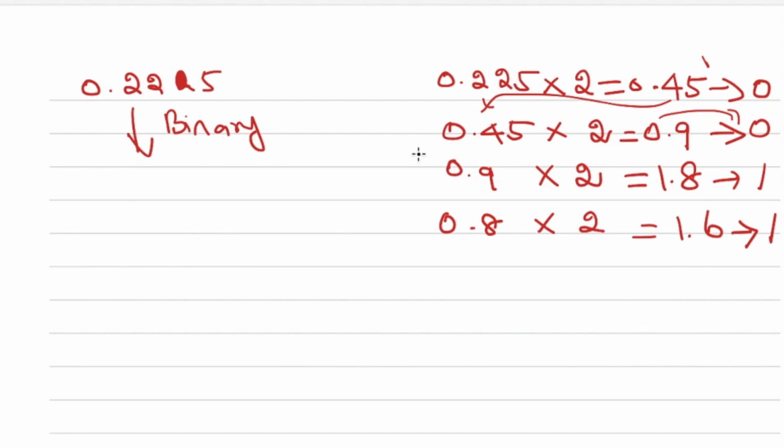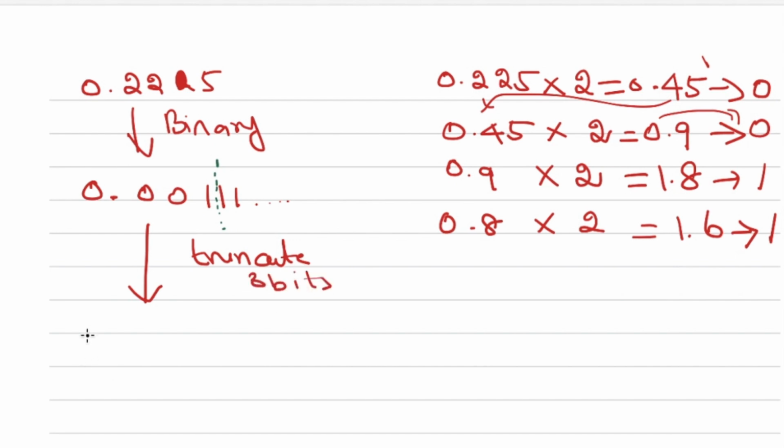Converting to binary, we will get 0.00111 and so on. In this problem, we are truncating this value to 3 bits, so we are considering only 3 bits. When truncated to 3 bits, this value will be 0.001. Now again we want to convert this to decimal. How will you convert this into decimal?